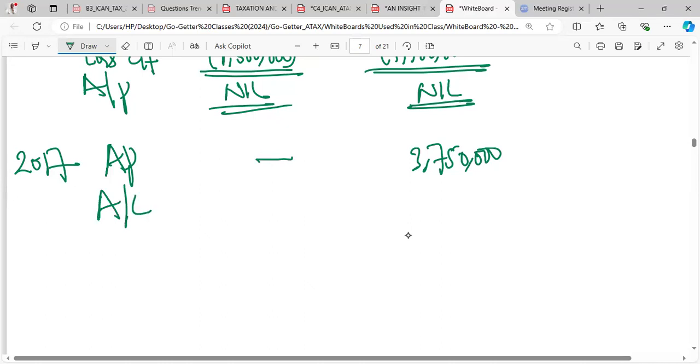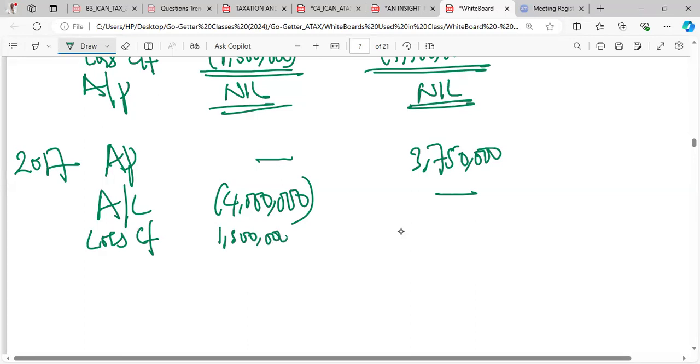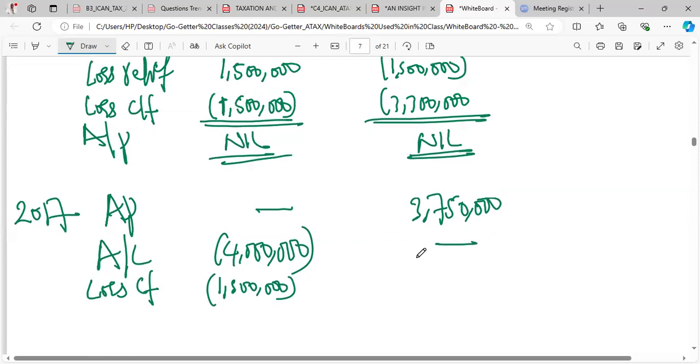Accessible loss, 4 million. Dash. Now we say loss carried forward. This is 1.5, and here is 3.3.